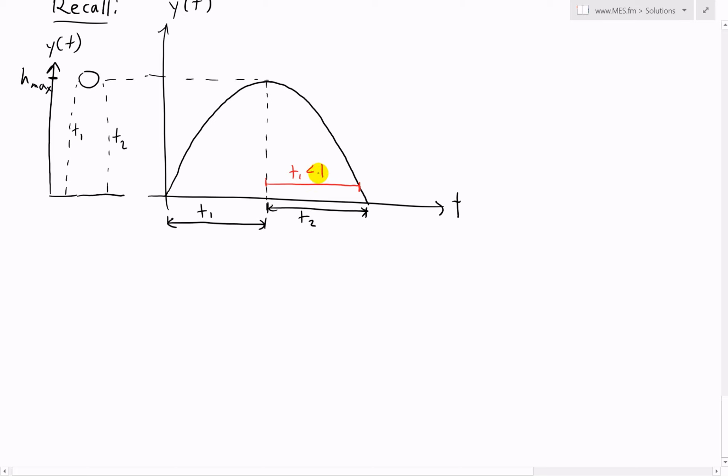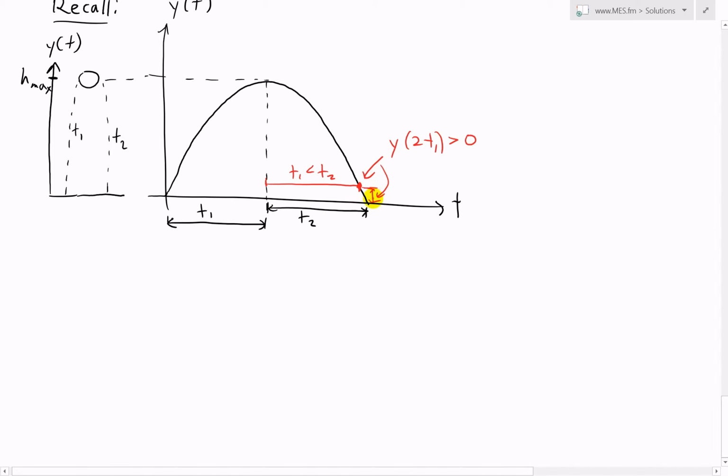So if t1 is less than t2, then at this very point, y of 2 t1 is positive. As you can see, it's greater than 0, and that's the same height over there as well.